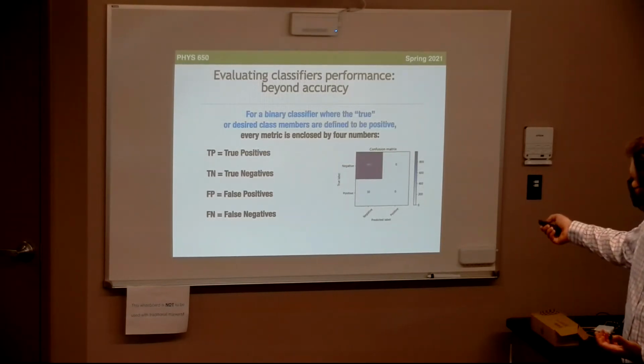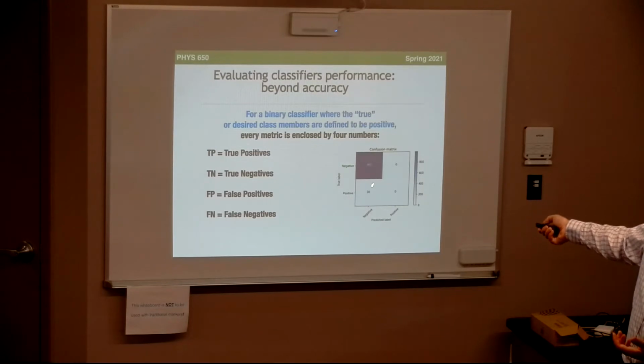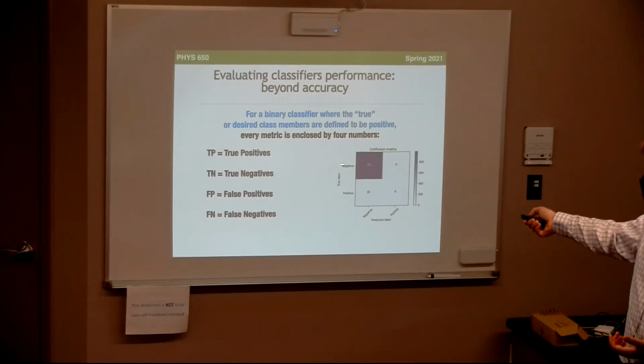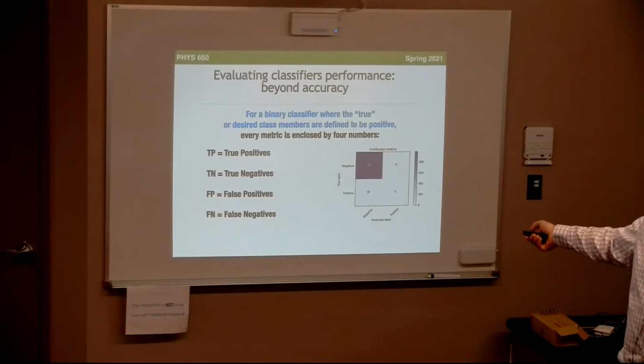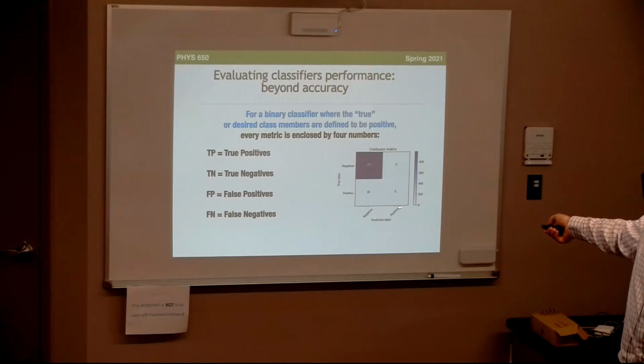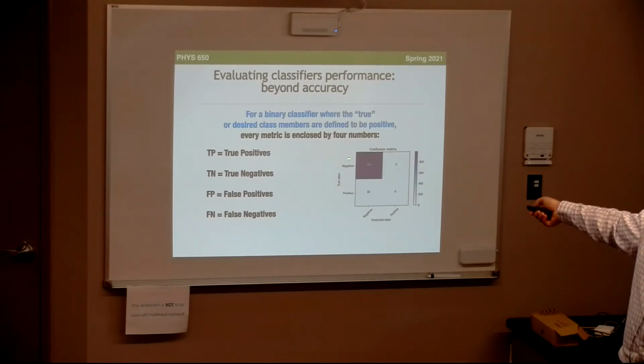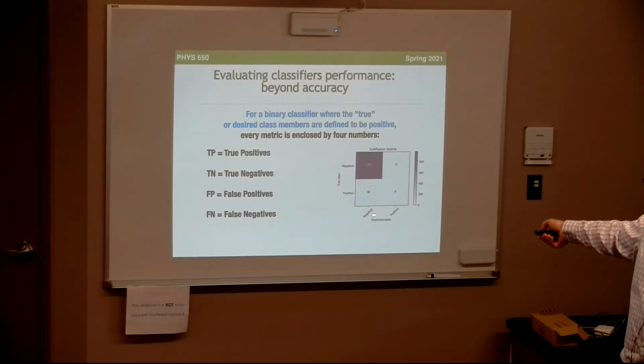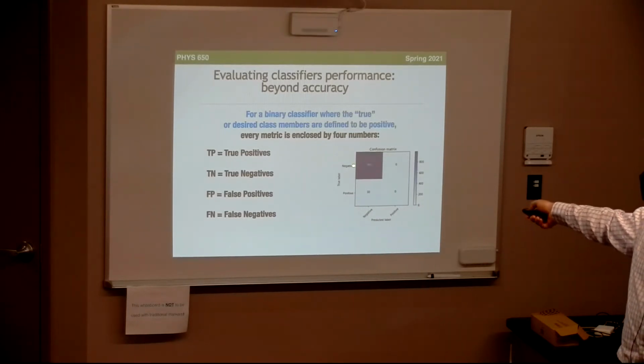I should have blown this up a little more, but this is what it's called. You've got the negative. So the negatives are up here. So the true value is negative, positive, and the predicted label, or the thing that I actually stuck on it, negative and positive, right? So if it's really a negative, and my labeler actually labels it as negative, that is over here.